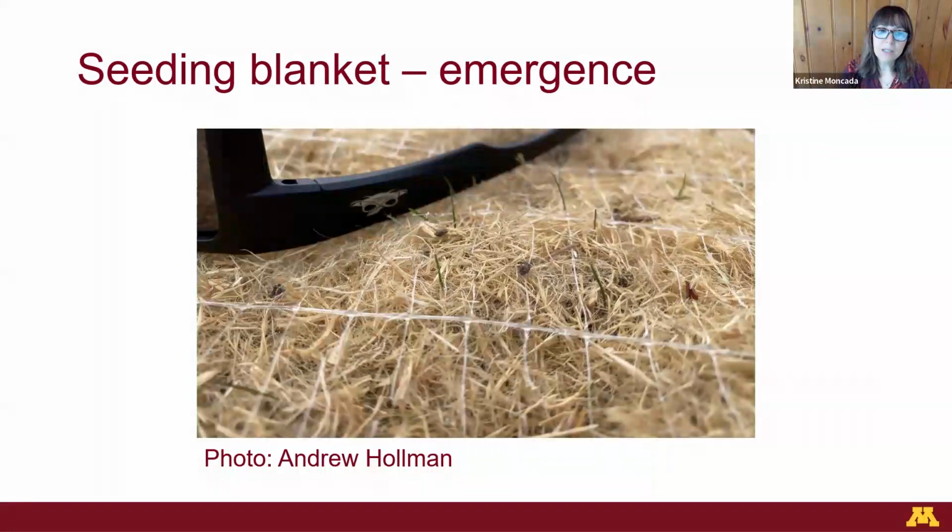This particular type of seeding blanket has a plastic mesh in it, and that does need to be removed at some point. If I were doing it at my home, I would use the stuff that doesn't have the mesh. I don't have any slopes, so you don't need that extra stabilization.